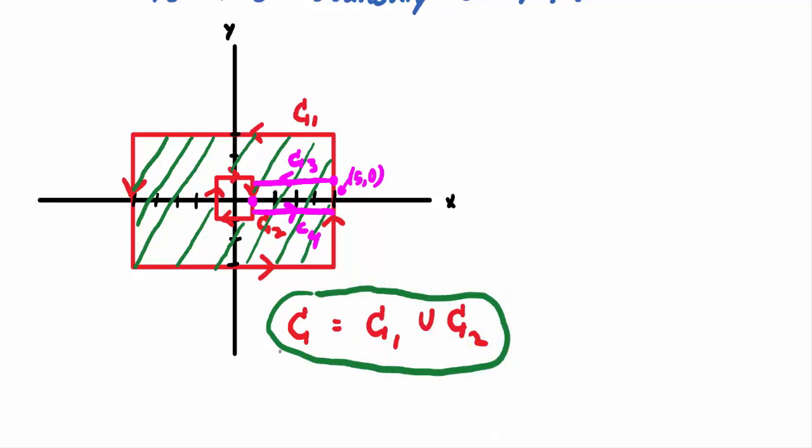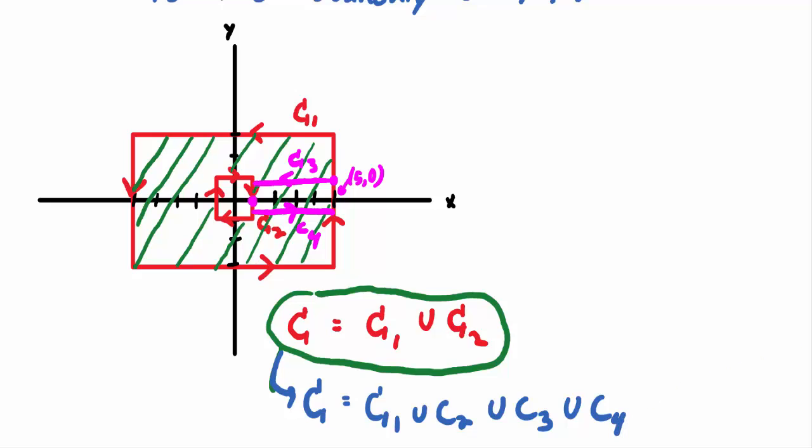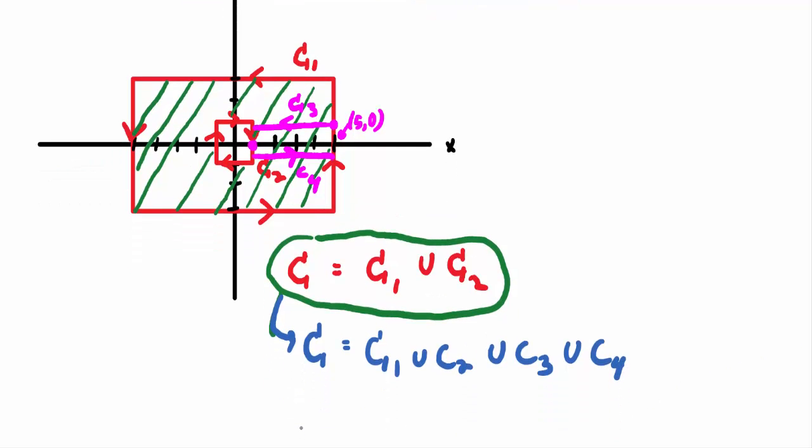C is going to become, let me use a different color, C1 union C2 union C3 union C4. And I'll show you why it's okay to change it in a second. But first of all, let's agree that then I've created a piecewise smooth closed curve.